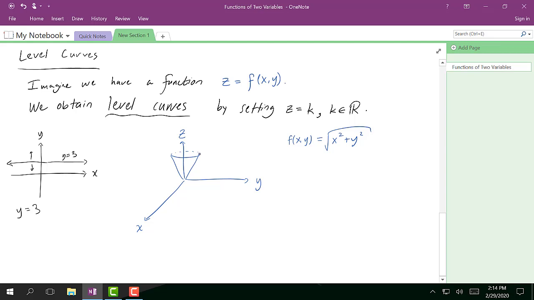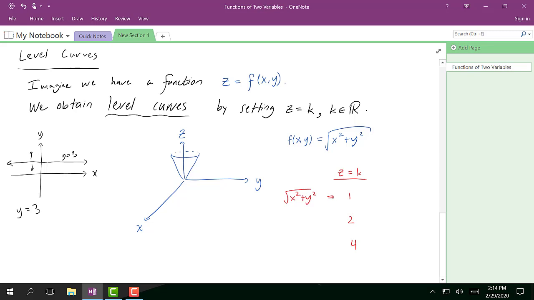And so what we want to look at is setting z equal to different values. So we're going to look, for example, at z equals k. So we'll have this table. Let's do 1, 2, and then 4. And so if we set z equal to 1, well, z is just the square root of x squared plus y squared.